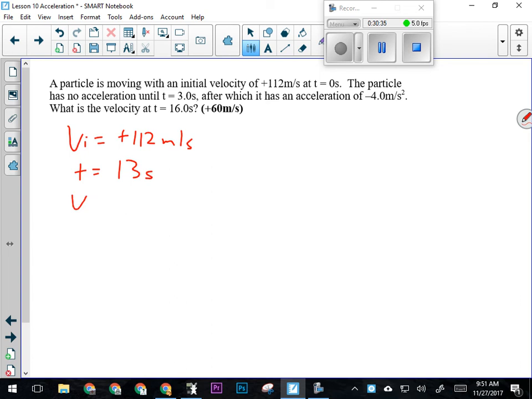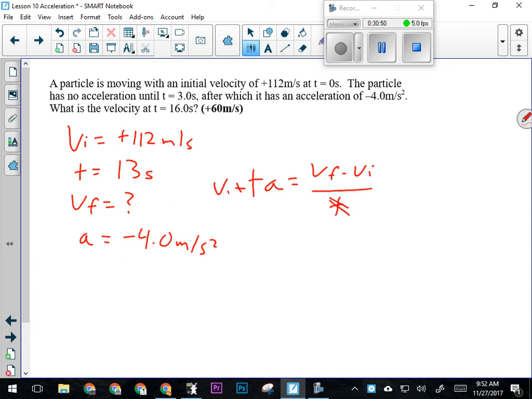We're looking for VF. We don't know what it is. And we're told that the acceleration is -4.0 meters per second squared. So A equals VF minus VI over T. We multiply both sides by T. Add VI to both sides, we've got VF, so we'll take our 112 plus 13 seconds times -4, and that'll give us our final velocity.